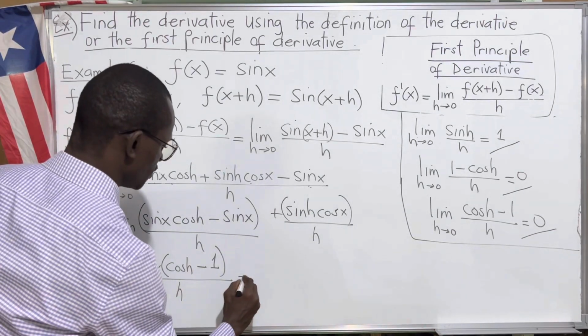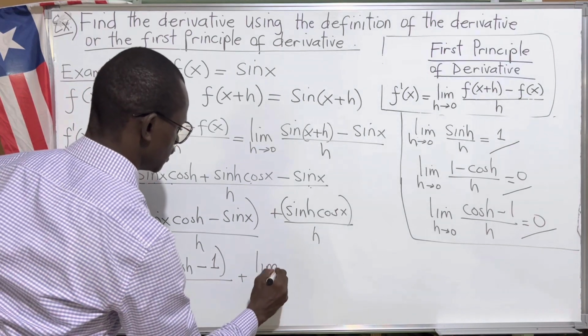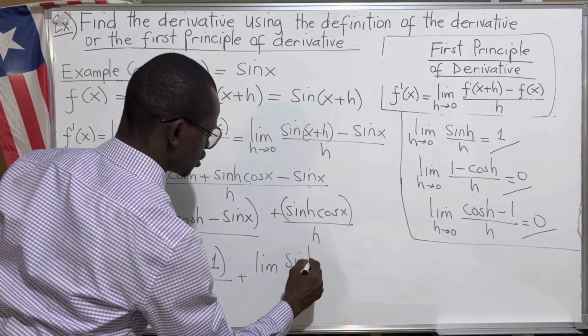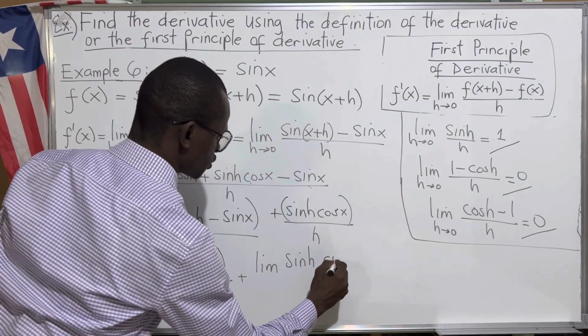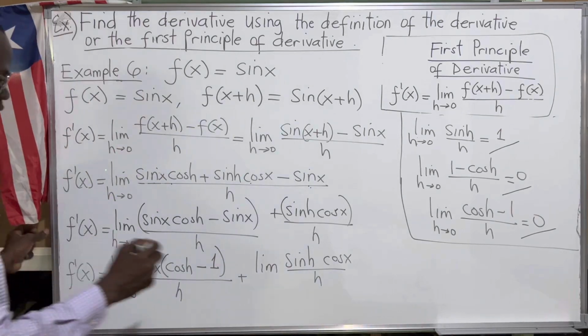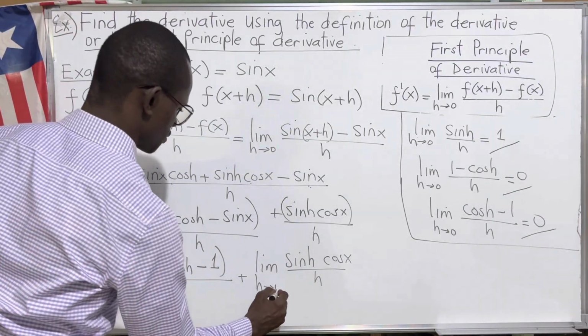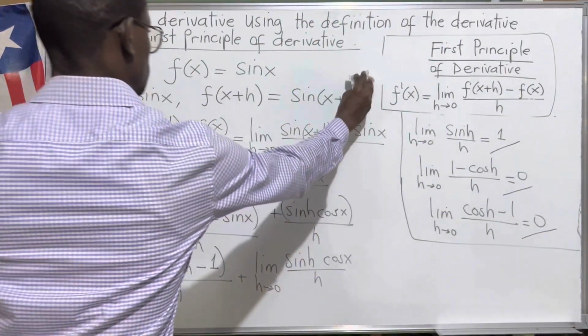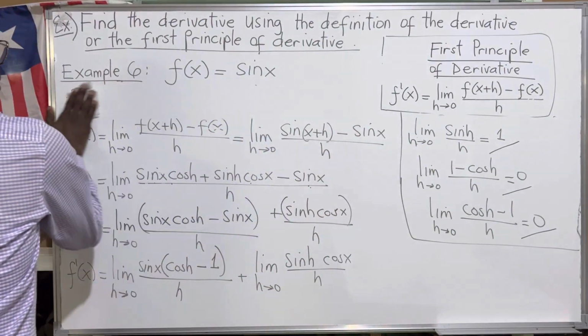We can also take the limit on this side, the limit of sine of h cos of x all over h, as h approaches 0. Now I want you to take notice of something.